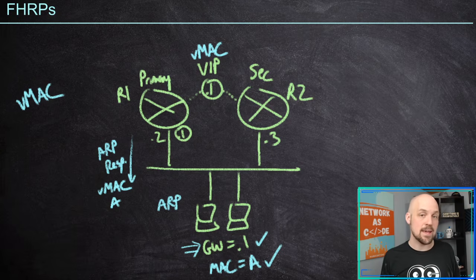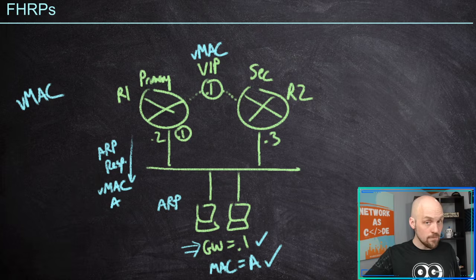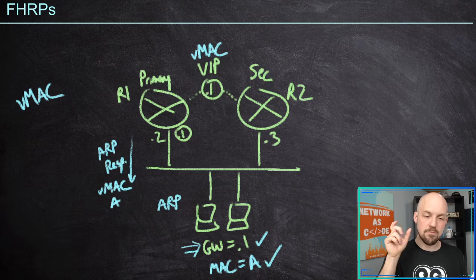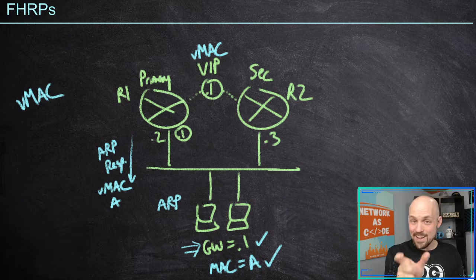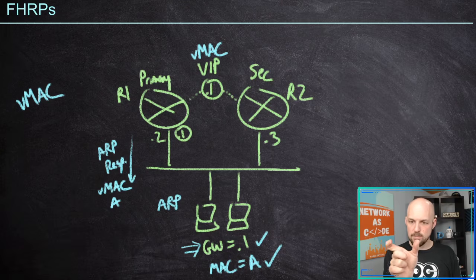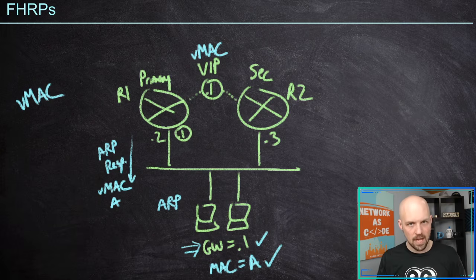Now I can send that packet to my default gateway, and the way I do that is I keep my destination IP address focused on the end destination, Google.com or whatever I'm sending my packet to, from an IP address perspective. But I've got my destination IP address, and then my destination MAC address is always going to be for my default gateway, that virtual MAC address.